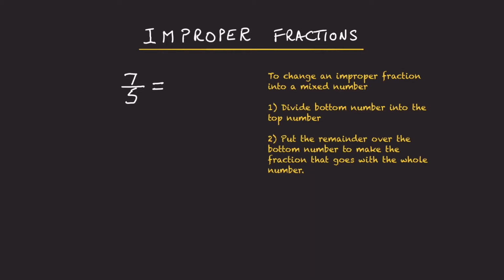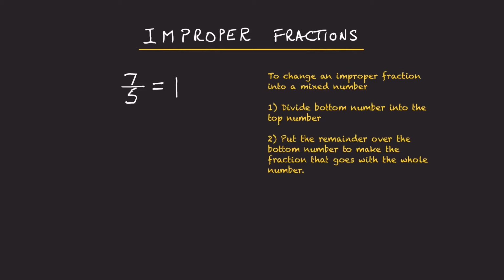Okay, let's now go through the steps that we need to do in order to change an improper fraction into a mixed number. The first step is to divide the bottom number into the top number. So if we look as an example, as we had on the previous page, we will divide the 5 into the 7, which goes once.